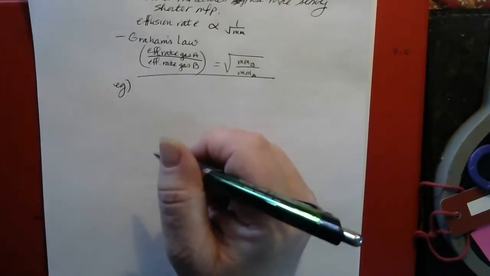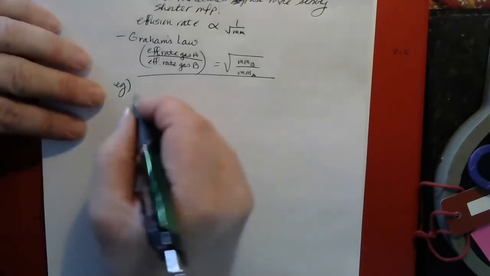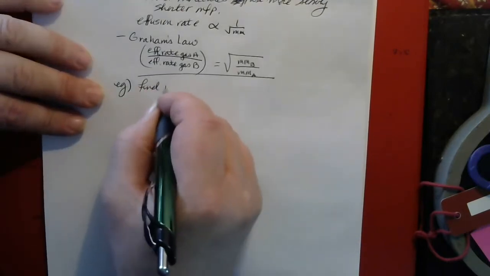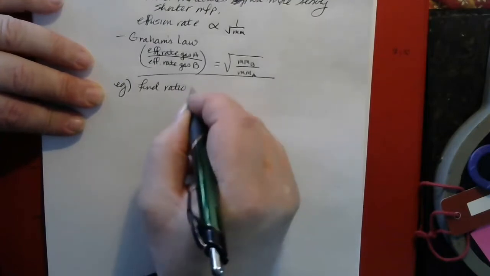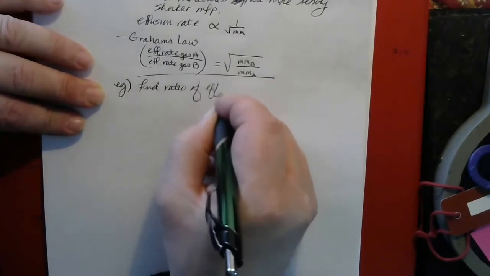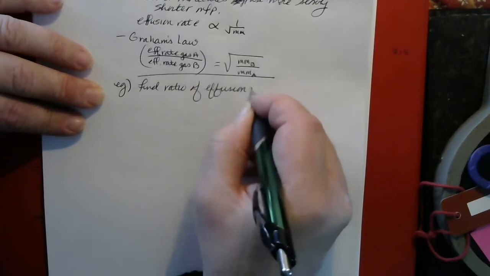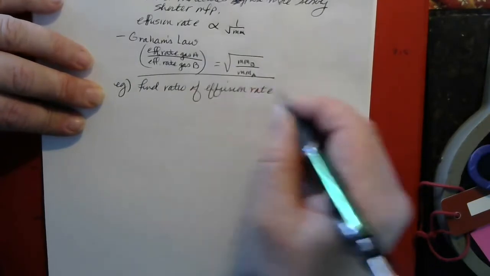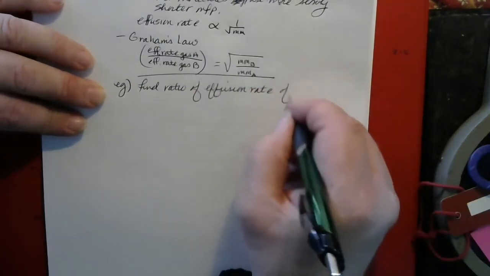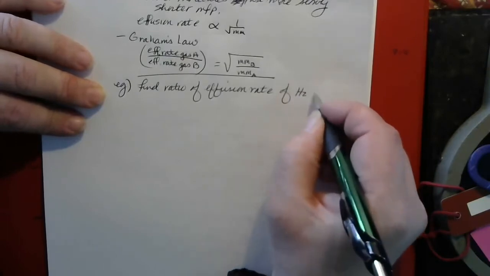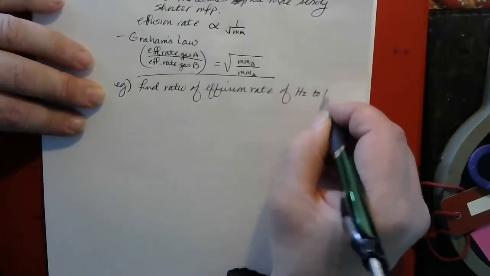Okay, so we can have a look at finding the ratio of the effusion rates of hydrogen to krypton.